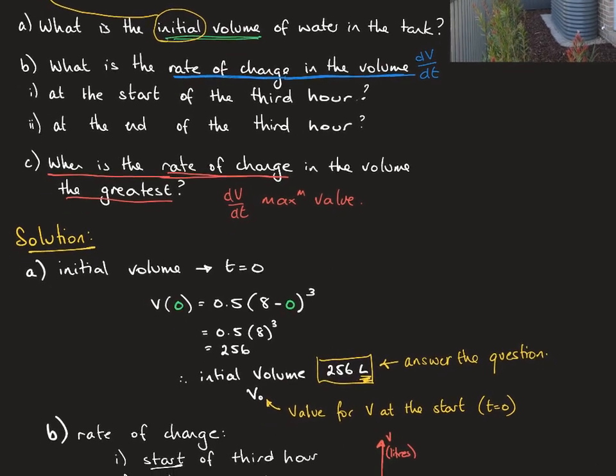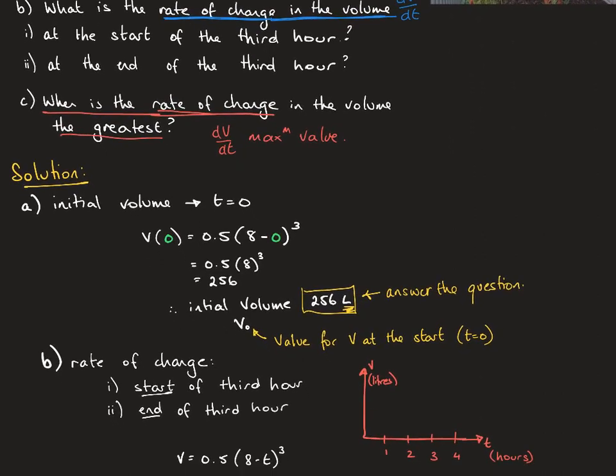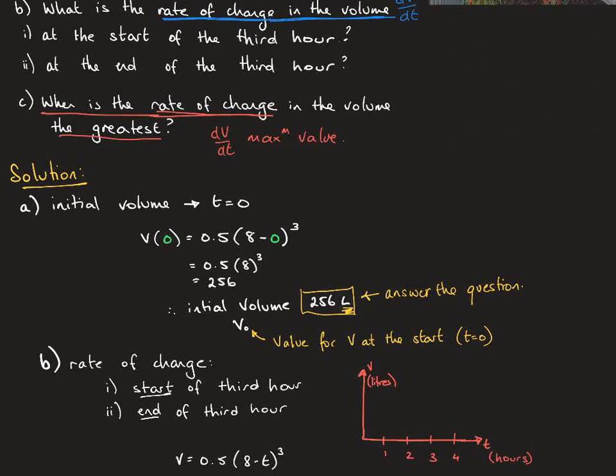The second question asks you for the rate of change at the start of the third hour, and the end of the third hour. So this is here specifically so that I can show you something to be careful about when you're working out your time period. You can see over here I've got the first hour, the second, so hour number 1, 2, 3 and 4.